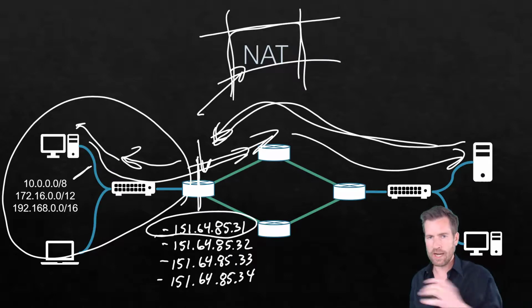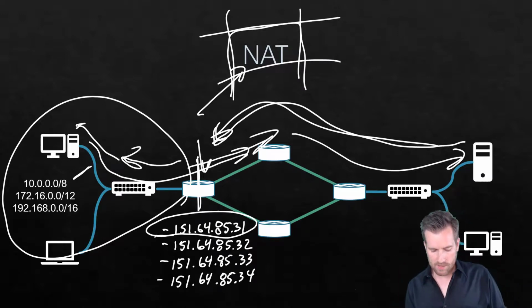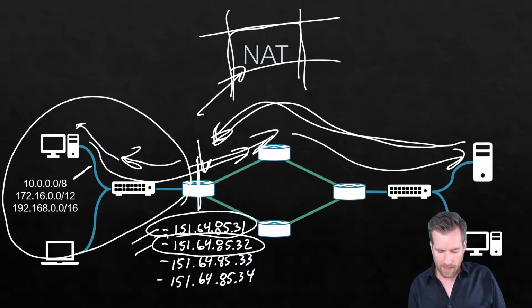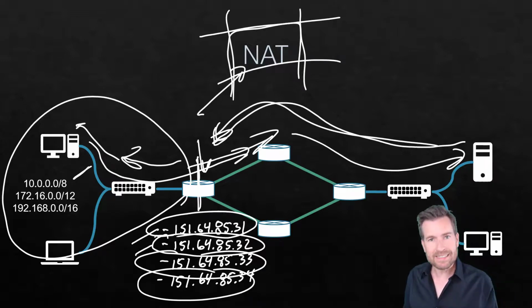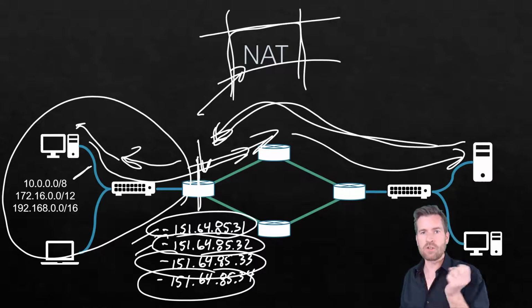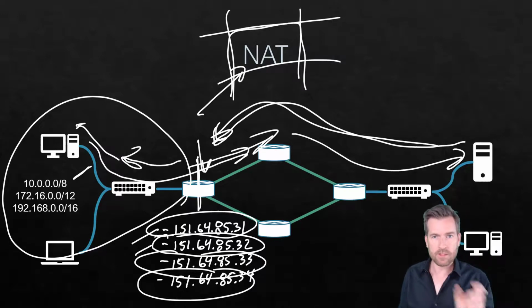And so it's translating it as it goes out, and as it comes back through. So in this scenario, you have a limited number of addresses that are assigned to it, and so you have a limited number of machines that can actually get to the outside world because you're translating it IP address for IP address.